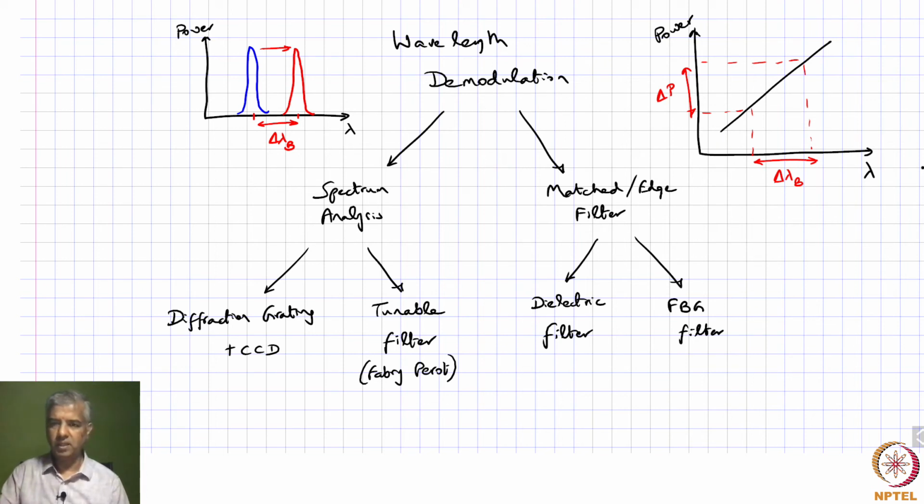So this sort of dependence is more relevant for this than this, because in the spectrum analysis you are actually trying to pick up the power at individual wavelengths. Okay, so you get the actual complete spectrum here as far as these approaches are concerned.